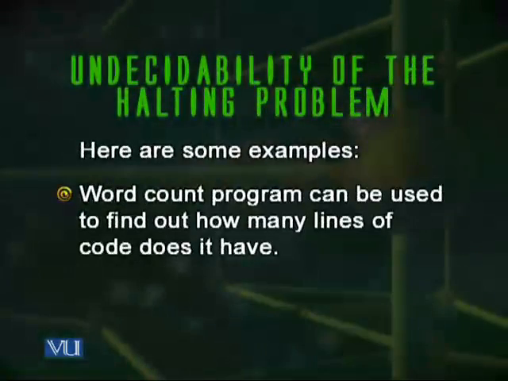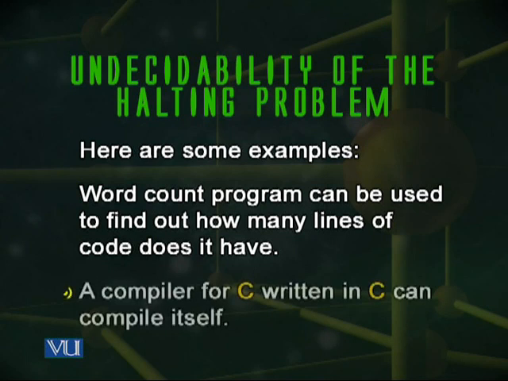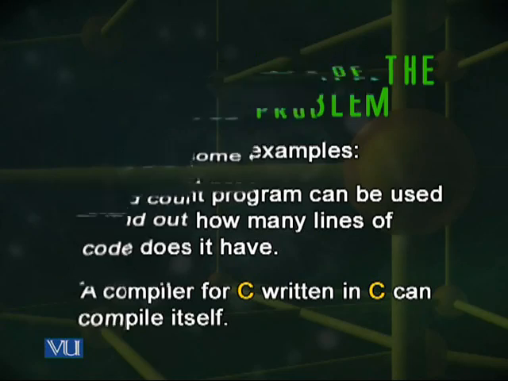One example that comes to our mind is a word count program which is written in C. We can run this word count program on its own code, and it will tell us how many lines of code we wrote in order to accomplish the word count program. Another possibility is you can write a compiler for C which is written in C itself. Now this compiler can compile itself.